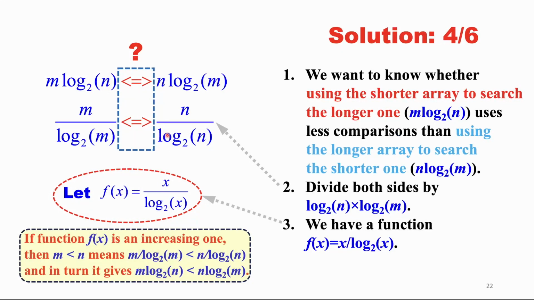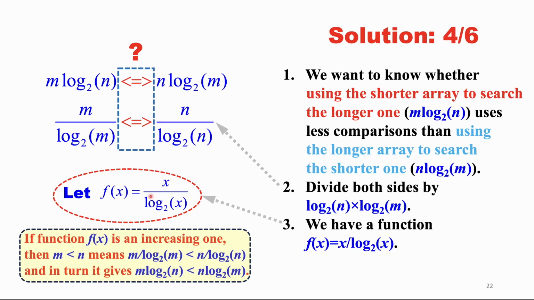So basically, we have a function in x. Let's say this function is fx equals x over log 2 of x. Why do we do this transformation? If fx is an increasing function, it means if m is less than n, then fm is less than fn.